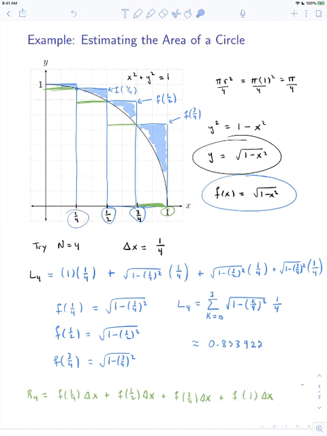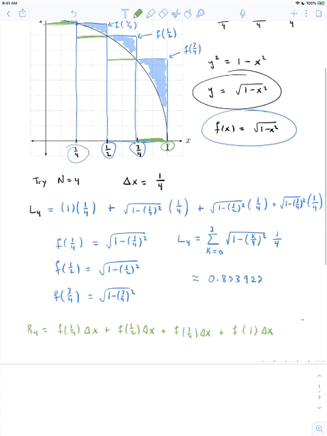So 1/4, 1/2, 3/4, 1. Those are the numbers that appear here. Now all of these have delta x, so there's no reason I can't just factor out the delta x. So I can write this as f of 1/4 plus f of 1/2 plus f of 3/4 plus f of 1, and all of this is times delta x.